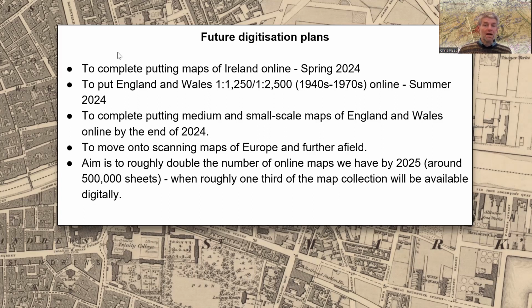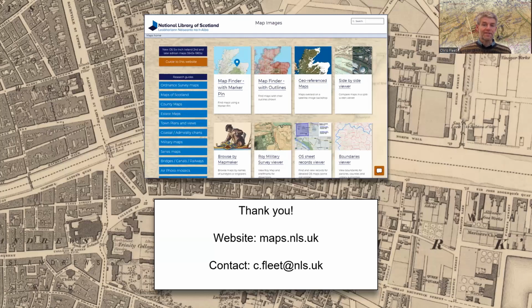Our aim is to roughly double the number of online maps we have by the end of 2025. We hope to have around 500,000 maps online by then, and that'll be roughly a third of our paper map collections available digitally.